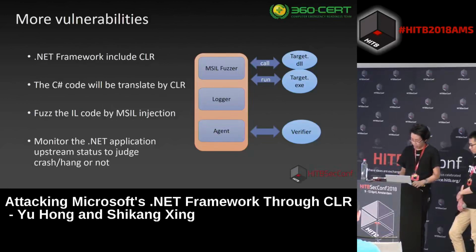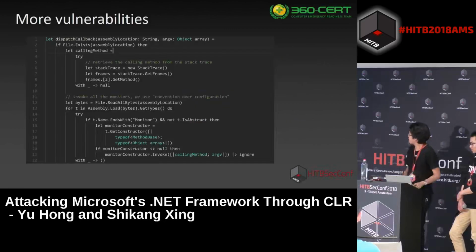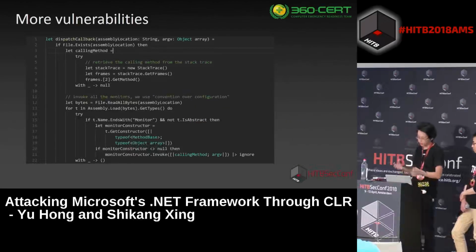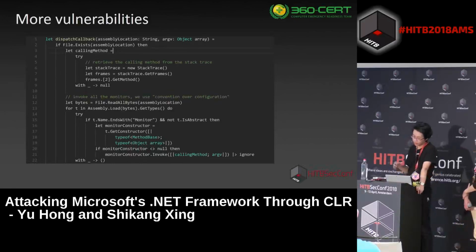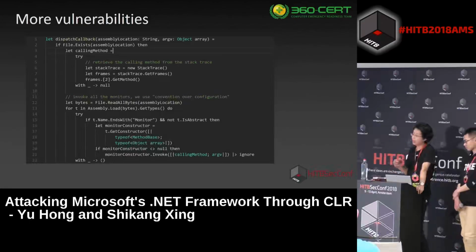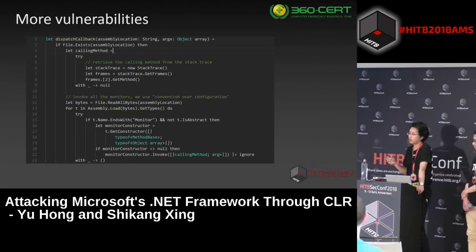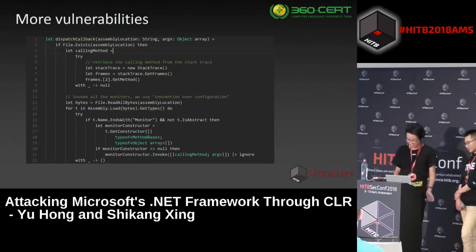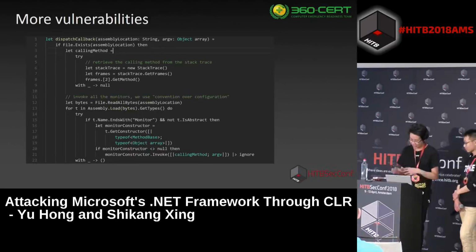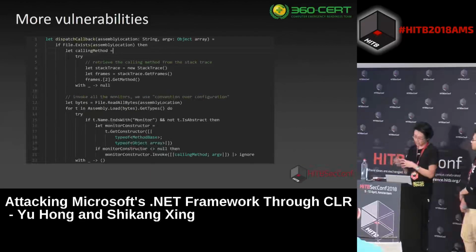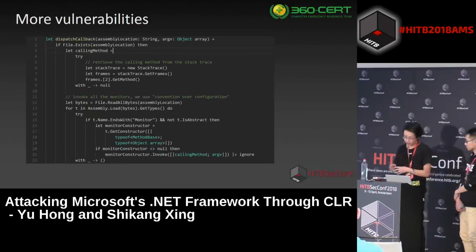So we did some fuzzing tests, and there is a simple code with which we can invoke our defined code. This is just like a template. This part refers to the Phrack paper, and I just need to fuzz the DLL or fuzz the IL code.